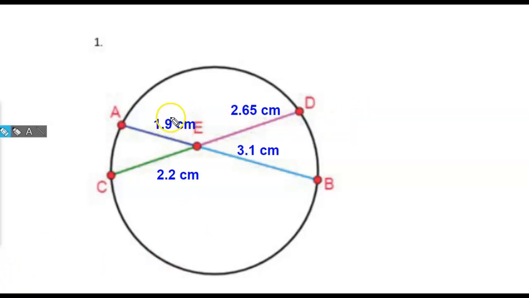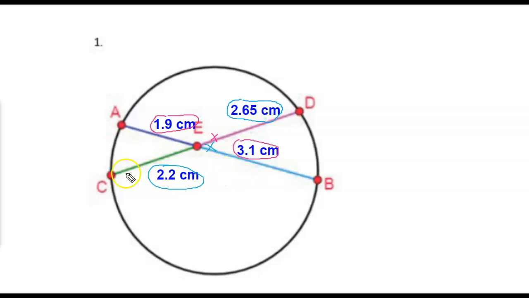It would appear if I take this piece times this piece, I get the same result as when I take this piece times this piece. If you don't know, when you have two things times one another that are equal to each other, that's a proportion.